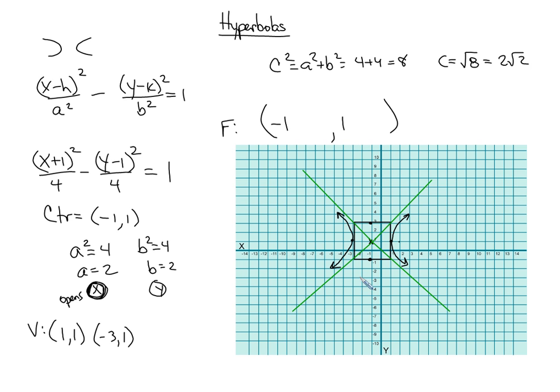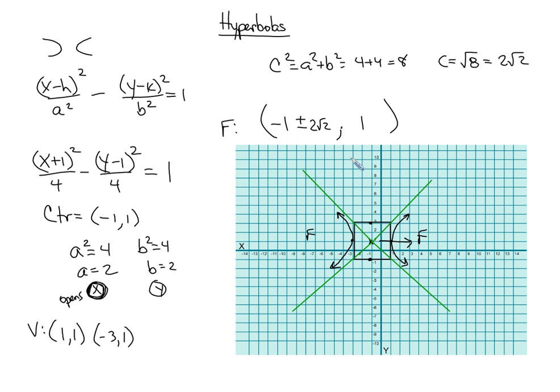Where are the foci? Left and right or up and down? Left and right. So which coordinate is changing? The x coordinate. So plus or minus 2 square root of 2. Can I simplify that at all? Nope. Just clean it up a little bit. There we go. There are the foci. Everybody see how simple that is now? Not really very scary.